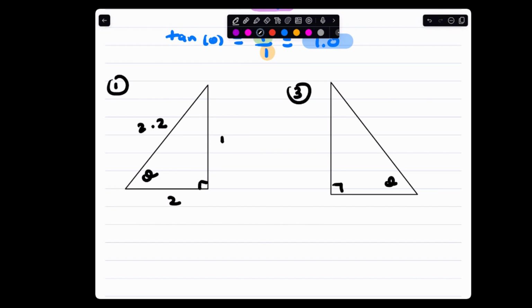How about this? 4, 2, and it's not to scale, so I apologize. 4.5. We're going to want you guys to approximate to the nearest hundredths now.